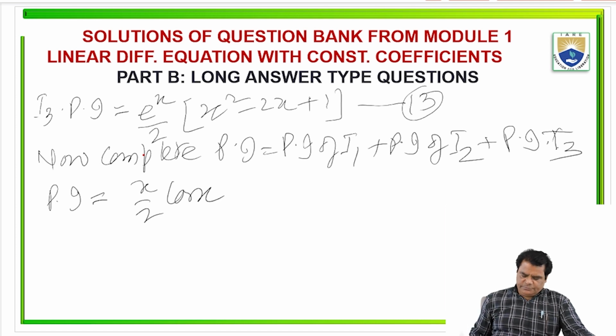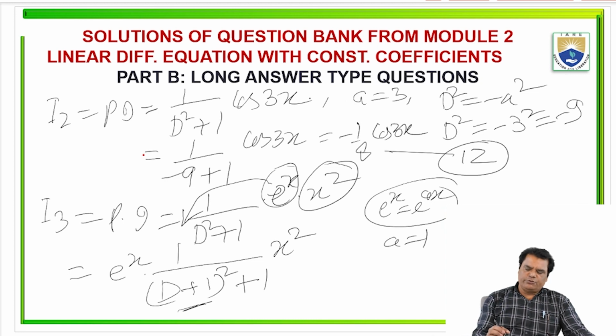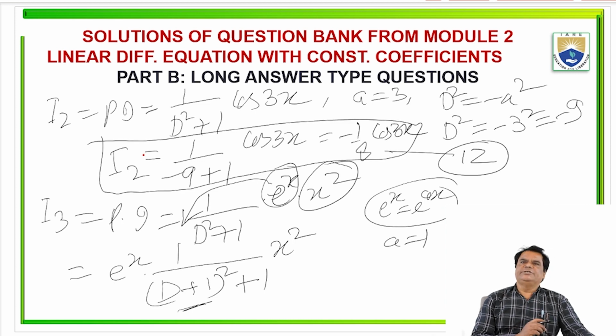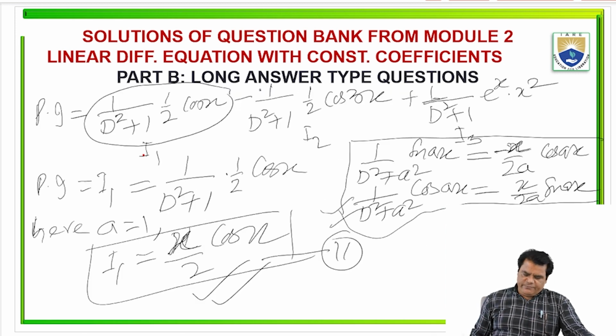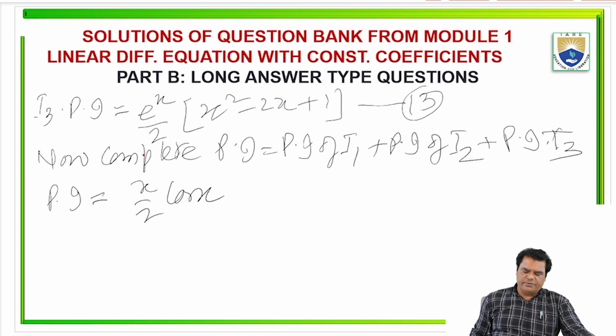And next equation, this 12, is I2: minus 1 by 8 cos 3x.